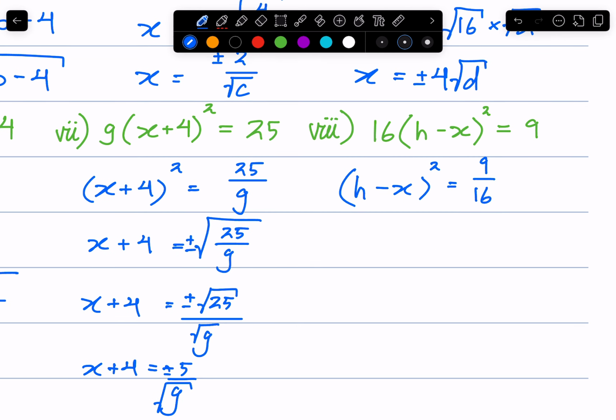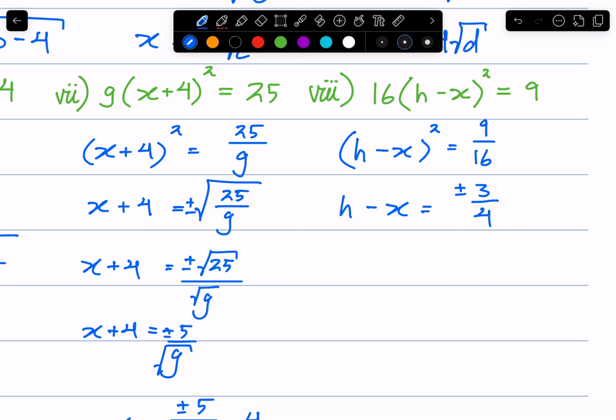Now when we take the square root, if you consider that 9 and 16 are both perfect squares, you can check your calculator, by the way, the big square root like this will actually become 3 over 4.